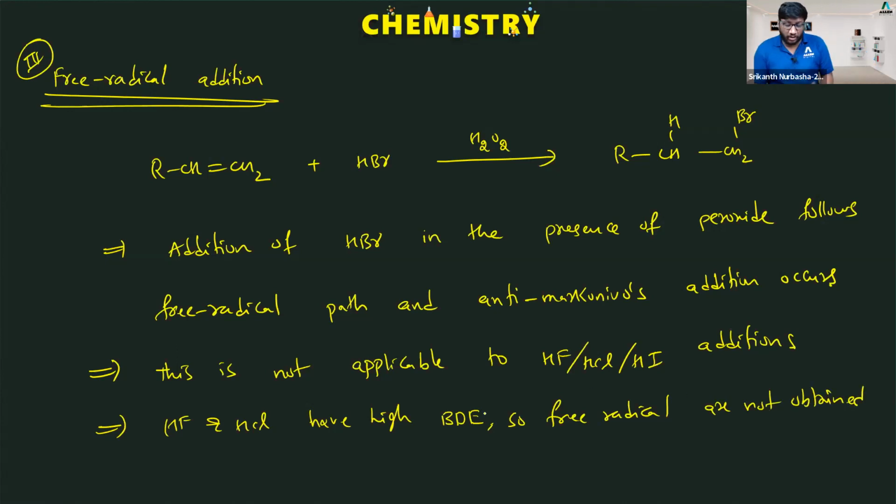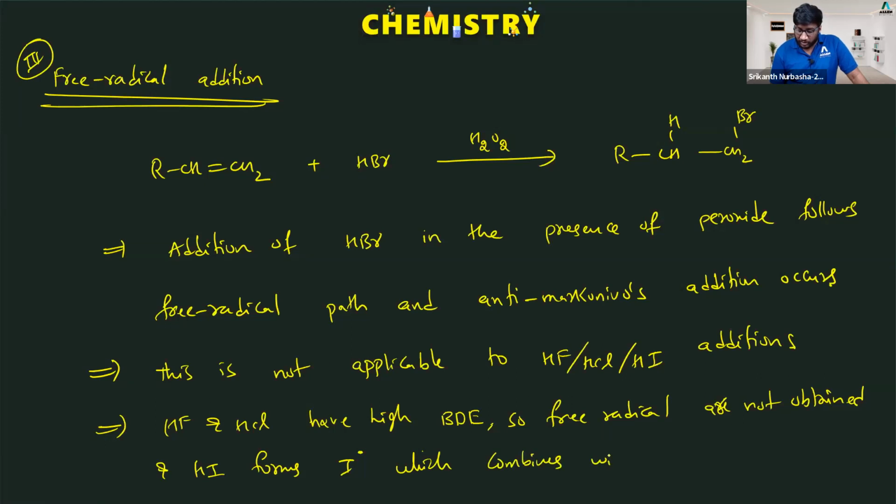HI is a weaker bond compared to the HBr bond, so there the free radical should be obtained easily. Yes, sir, but they combine to give iodine. Very good. So HF and HCl have high bond dissociation energy, so free radicals are not formed. And HI forms I dot, which combine with each other to form I2.